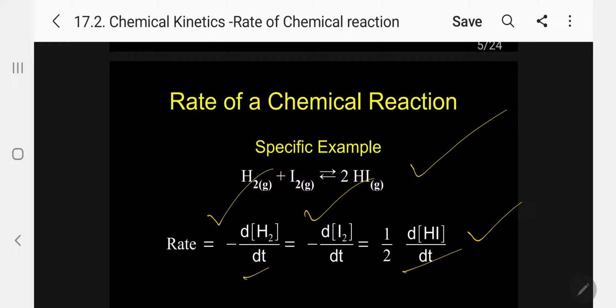So this is nothing but the rate of a chemical reaction. We can represent it for anything. So normally a question will be asked: they will give any unknown example and ask what is the correct representation of the rate of chemical reaction.